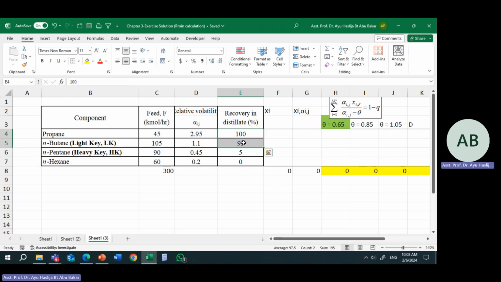Remember, light key is your main required product, not necessarily the highest product in the distillate. Again, I repeat, light key is your specific required product.